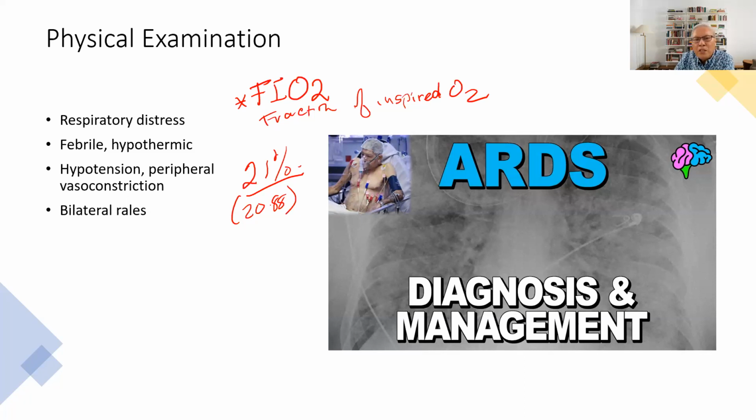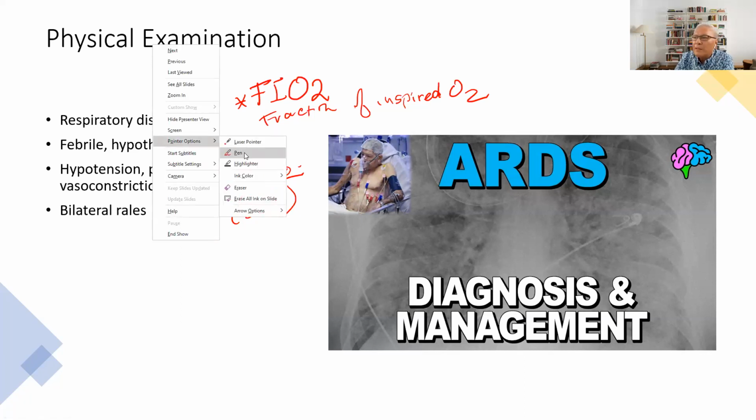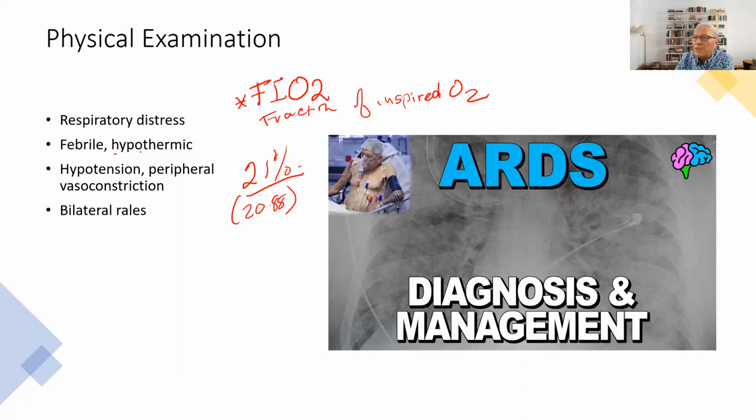And then, of course, the patient may be febrile or hypothermic. Now, this is something that some people do not understand. Why would there be hypothermia if there's a lot of infection?